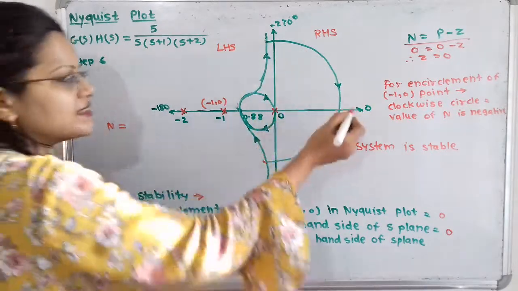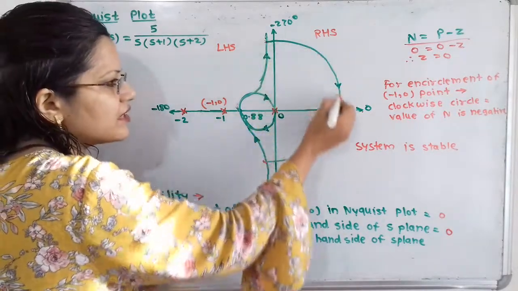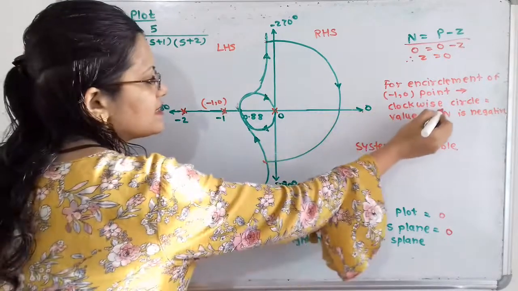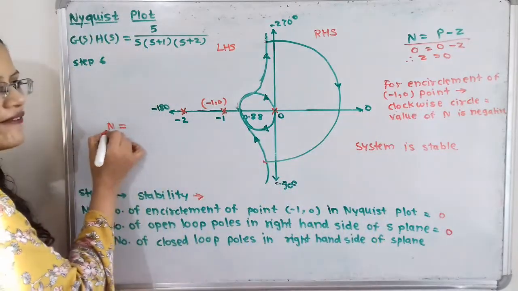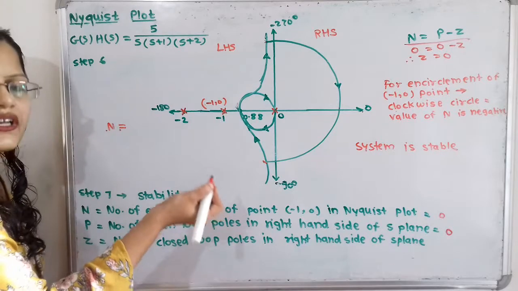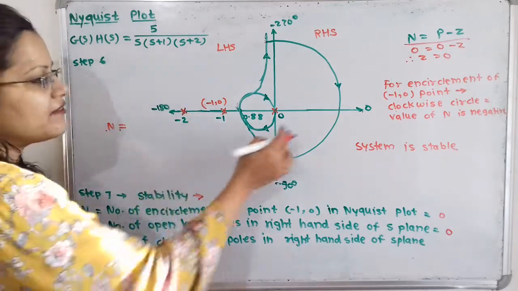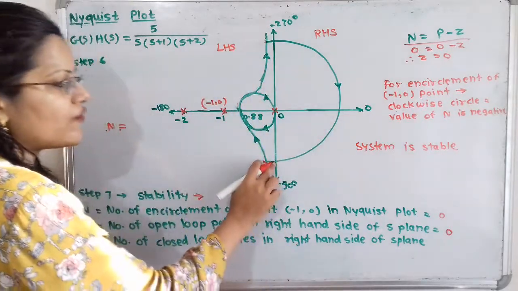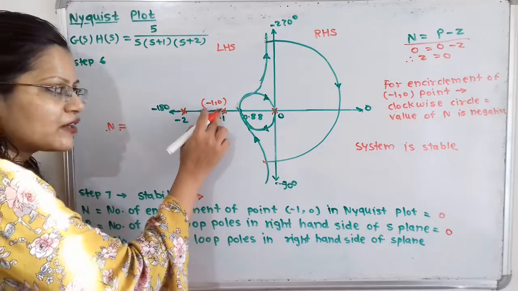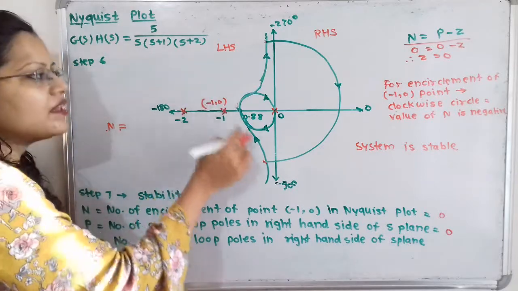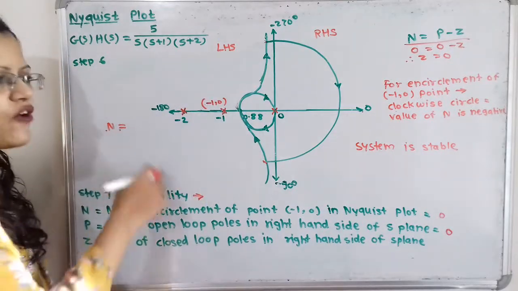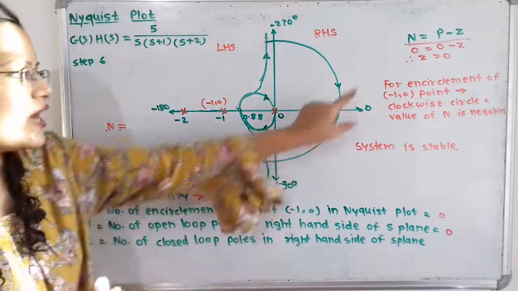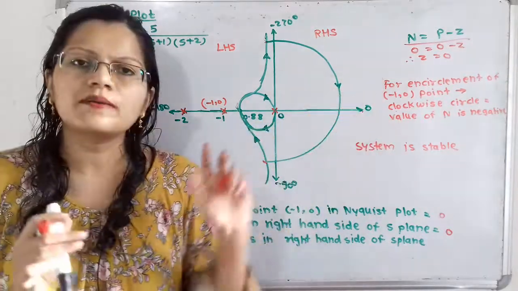If the circle is in the clockwise direction, then we have to take the value of n as negative. Reverse of that, if the circle is in the anti-clockwise direction and encloses the point, then we have to take the value of n as positive. So you have to note down this rule in your notebook.